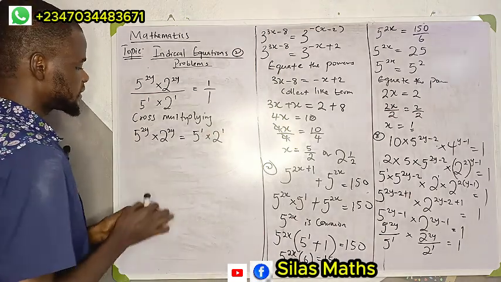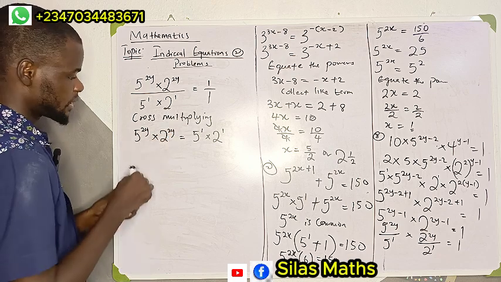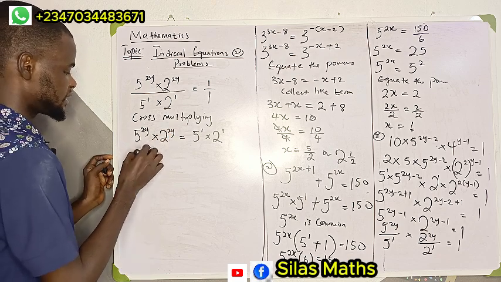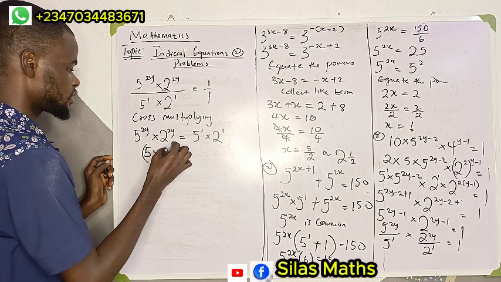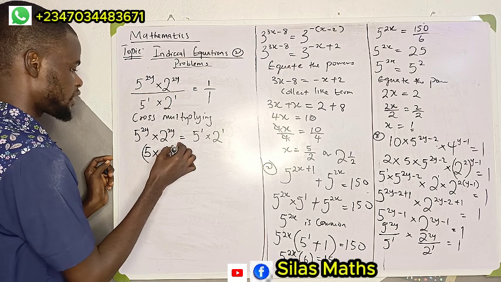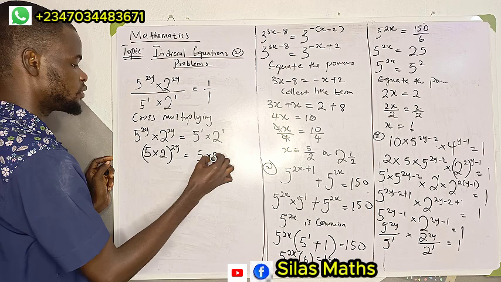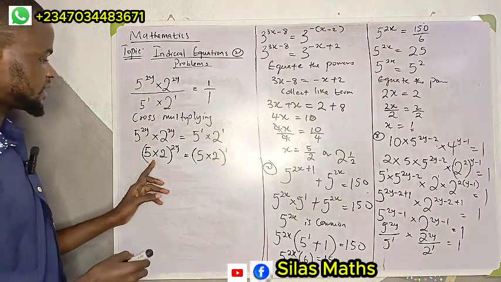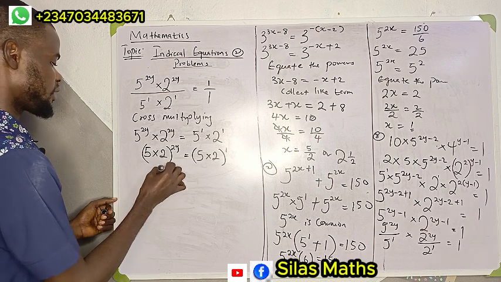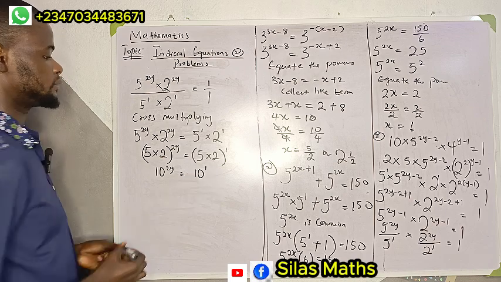Alright, so if we take a look at this, we'll see that 2y is common to this side, right? So that means I can factor this out by saying that this is 5 times 2 all to the power of 2y equal to 5 times 2 all to the power of 1, right? That is to say that 10 to the power of 2y is equal to 10 to the power of 1.